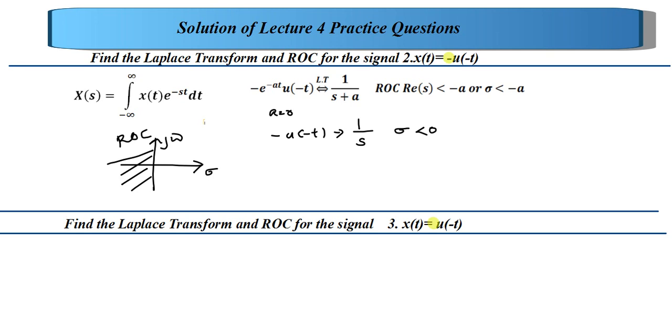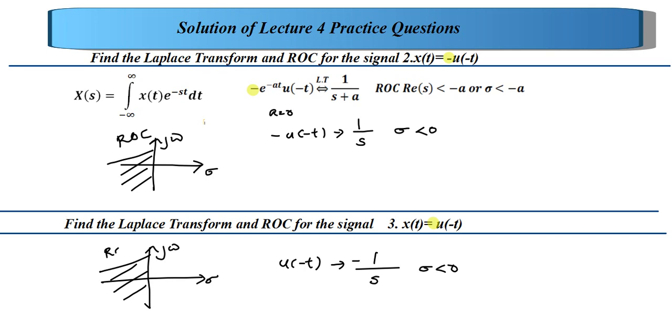So you can also write it like this, u of minus t. In the standard form there is a minus, so the minus is missing, so you can multiply with a minus, giving minus 1 by s, and it is again an anti-causal signal, so sigma less than 0, so the ROC will be the same. The ROC will be left of the j omega axis.